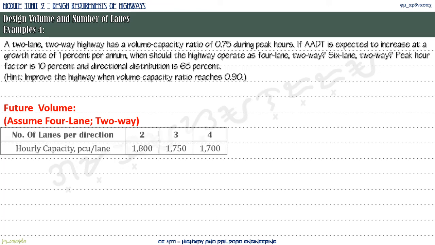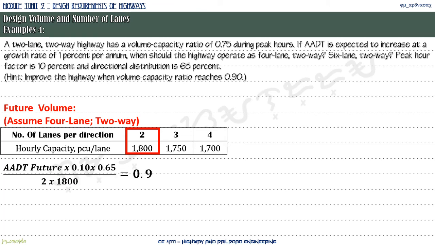So with this, we'll now be using table 6.5b. So 4 lanes, so we'll be using one direction. So per direction, that will be 2 lanes. So this is our capacity. So AADT for the future will now be equivalent to 0.10, which is our peak hour factor.